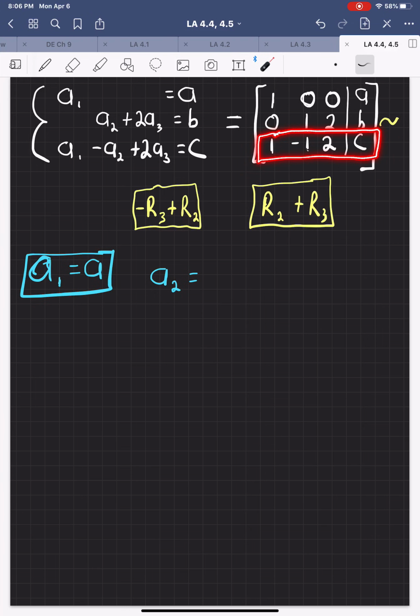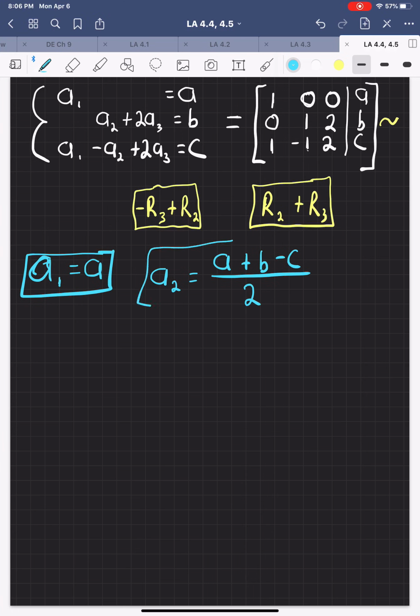So if I do negative 1 times row sub 3 plus row sub 2, then what we end up with is the following. So we end up with A plus B minus C over 2. All right, so here is how we define a sub 2.